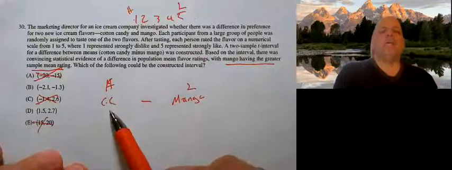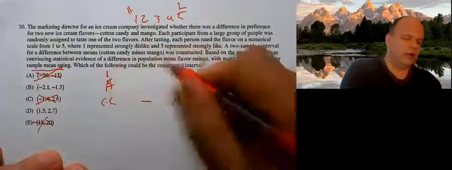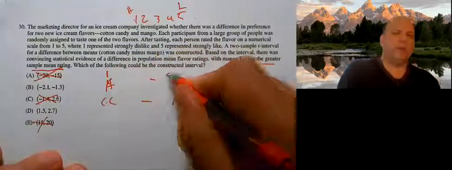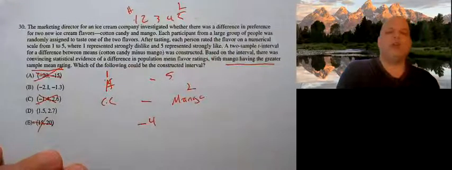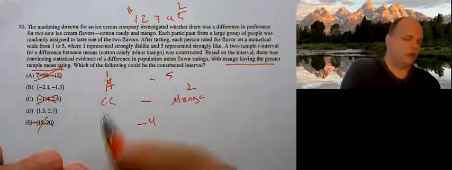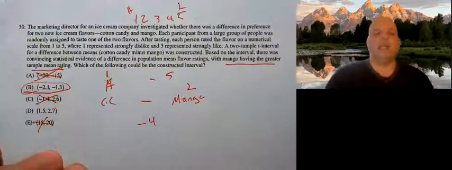Now, if I hate this, that means it's going to have a low score, and this is going to have a high score. So let's just make this the lowest score of a 1, and it's a highest score of a 5. That gives me a -4. That means I'm looking for negative values. The one that has negative values is B.